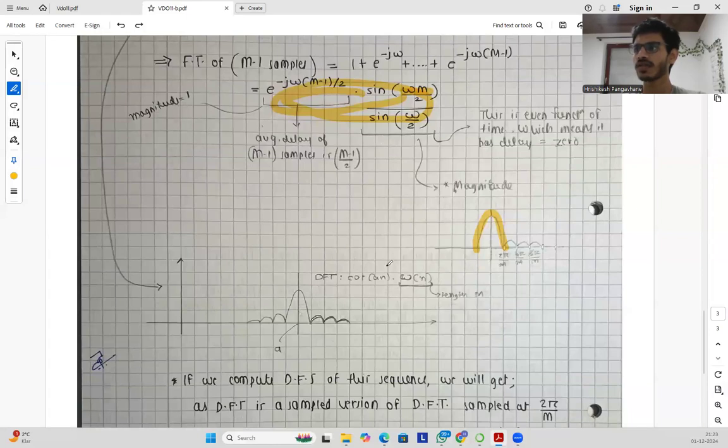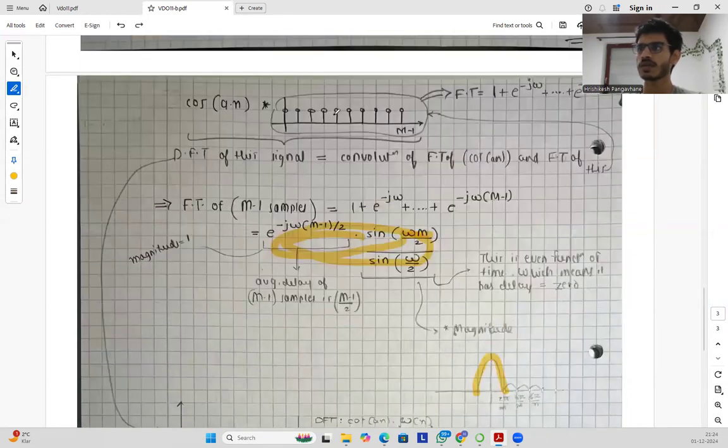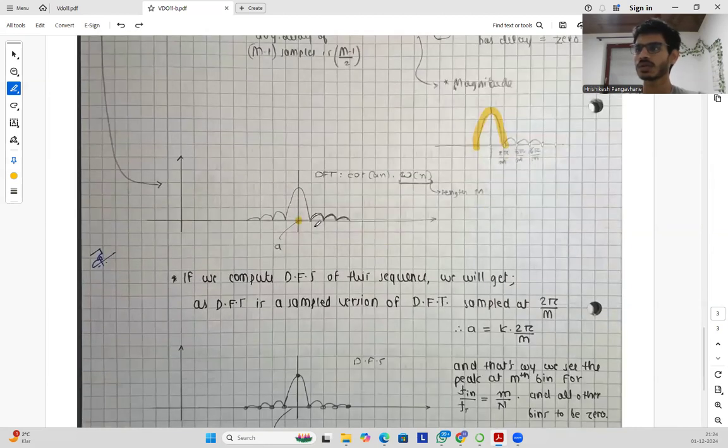So the DFT of the total function will have a spectrum where this point is nothing but a. So we have the discrete Fourier transform of this complete signal, right? Now if we compute the discrete Fourier series of this DFT, we will get discrete Fourier samples.